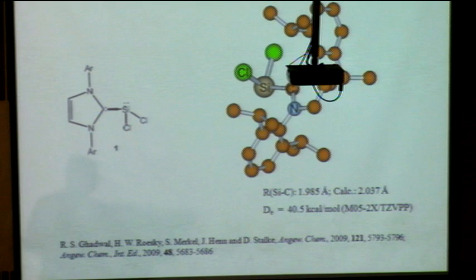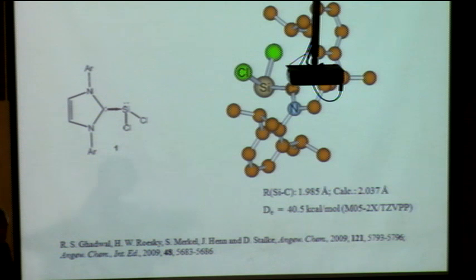The story begins in 2009 when Herbert Röskey, with whom we are now cooperating, found out that silicon dichloride can be stabilized by an N-heterocyclic carbene. We had calculated this compound, and this was a paper in 2009, and that made some headlines because silicon dichloride, silicon(II), so far had not been isolated before.